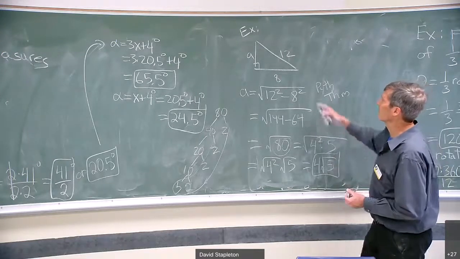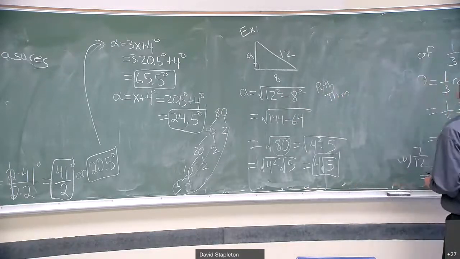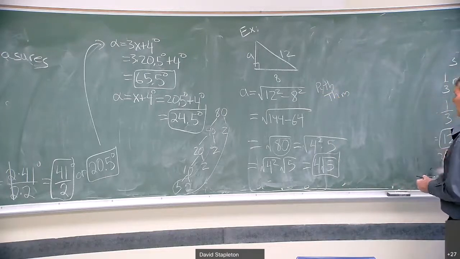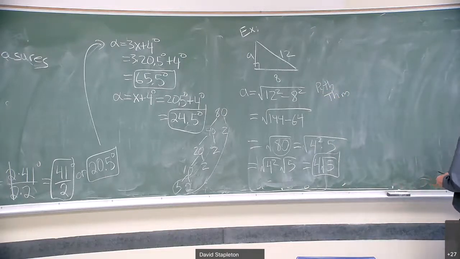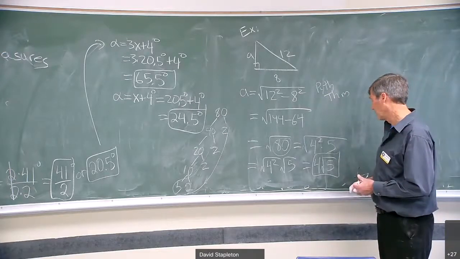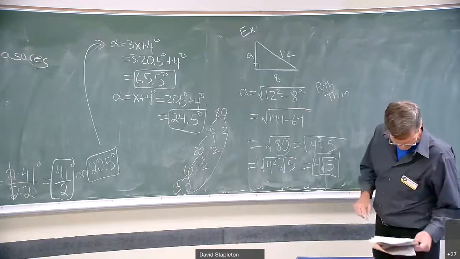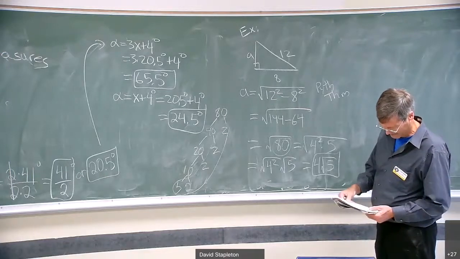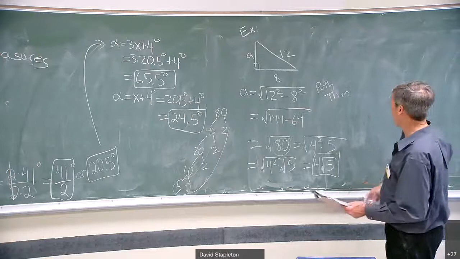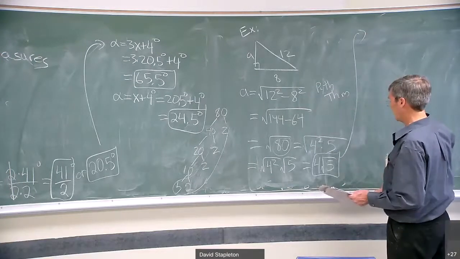Usually when you have a right triangle, because of this square root, you wind up with a number that has a square root still in it. I don't want to see the decimal form unless I say round your answer. This one doesn't say that, so when I want an exact answer, leave it like this.